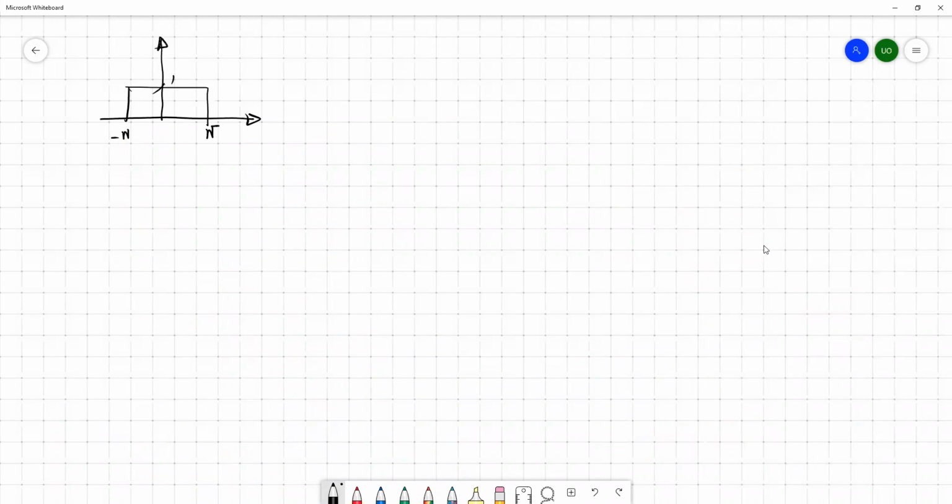So this is actually X omega. I'll drop this omega for the time being. If it is a time domain quantity, it's something like that. So this would be W over pi, and this is pi over W. This is 0, this is minus pi over W.